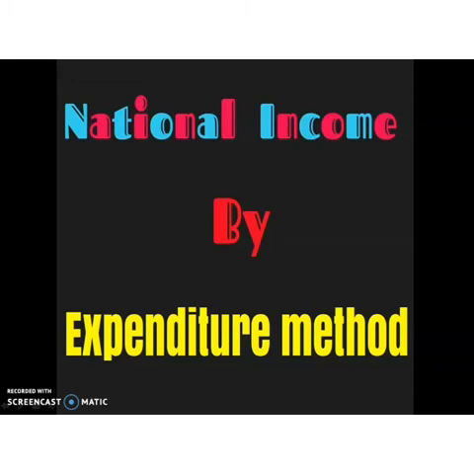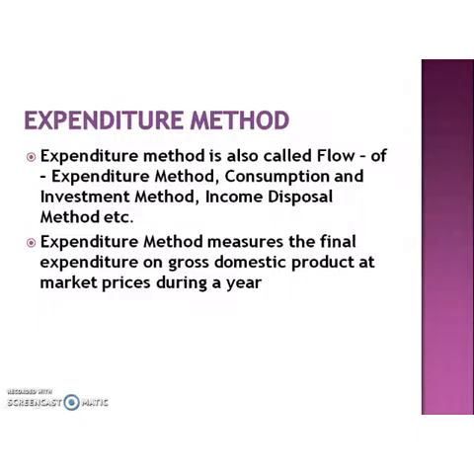So today we will discuss the expenditure method of national income measurement. Let us enter into the class. So first, the third method is expenditure method. Expenditure method is also called flow of expenditure method, consumption and investment method, income disposal method, etc. In expenditure method, it measures the final expenditure on gross domestic product at market prices during a year.